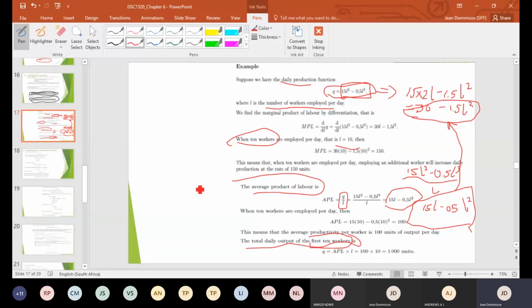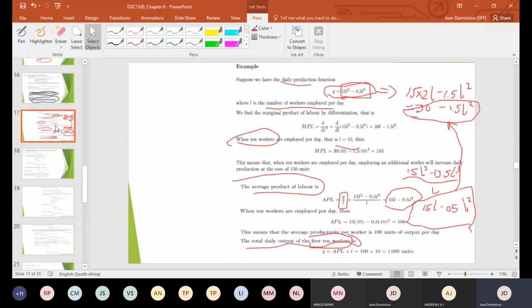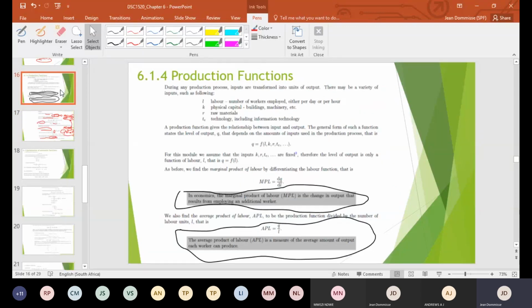Okay, so if you look at the production functions compared to how many of the other work we've covered, I don't want to say it's not important, but it's a very short part of what's discussed in your study notes.